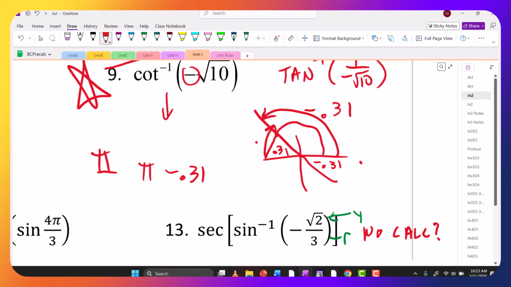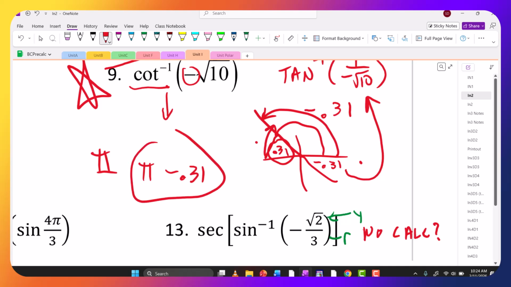So the inverse tan of this does reveal the reference angle. You must follow the rules of cotangent and answer it in quadrant 2. So you must stick the reference angle here and then take pi minus that, whatever that is, and that's the answer. So type that on your calculator, and that's what you got to do on that question.